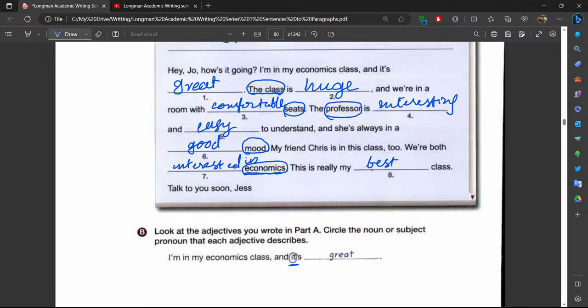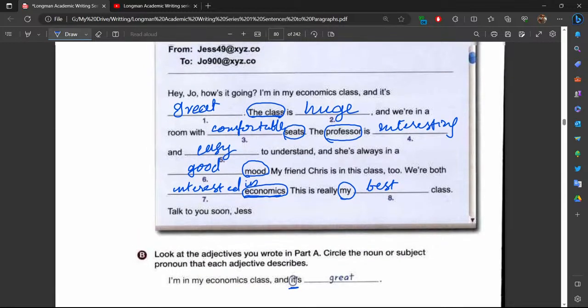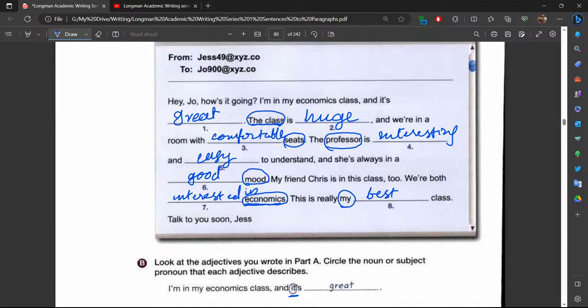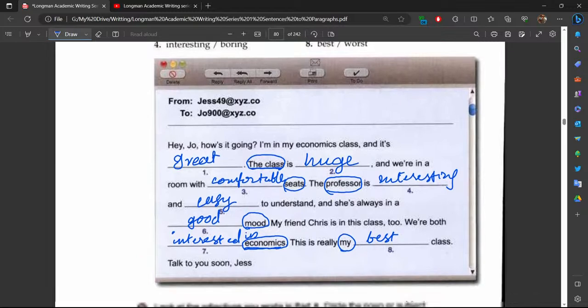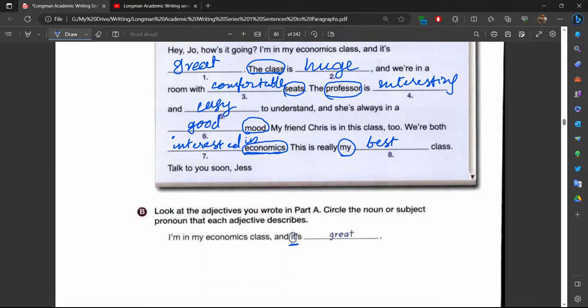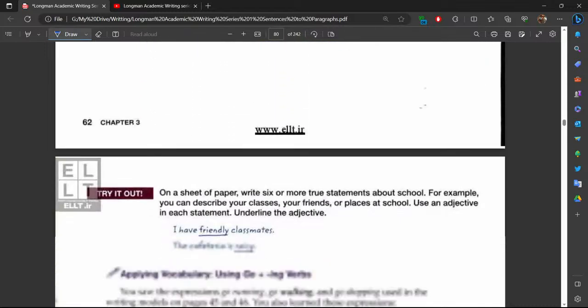This is really my best class. So this is my best class. Got it.